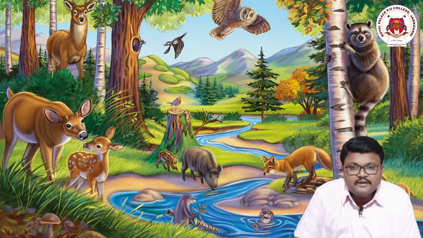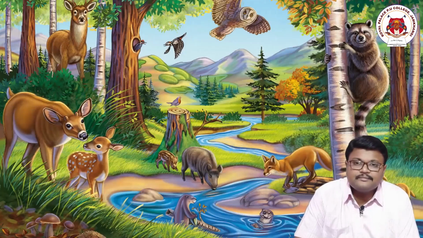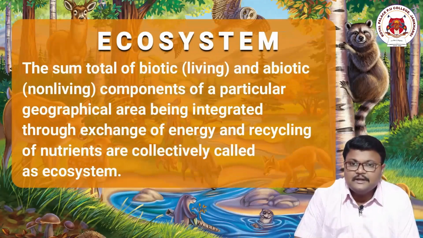Now this area, wherein its own specific plants and animals are there, is called an ecosystem, wherein the sum total of the biotic community and the abiotic community are interacting with each other.